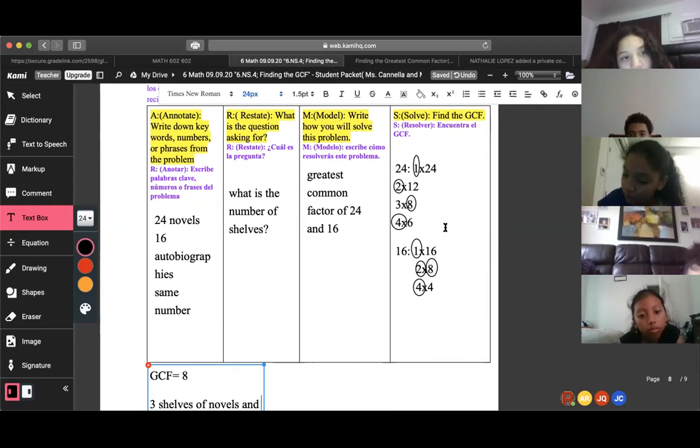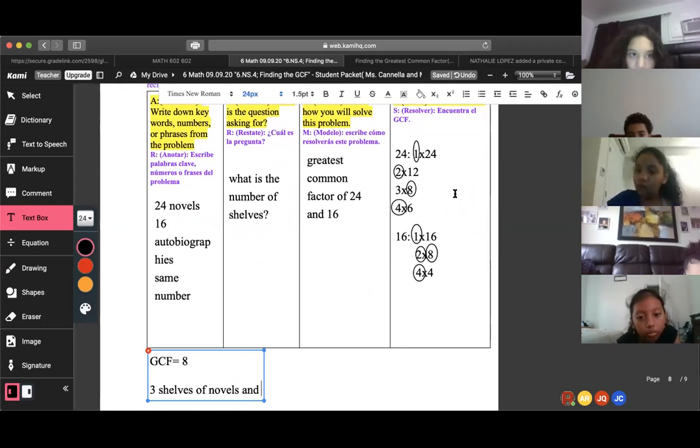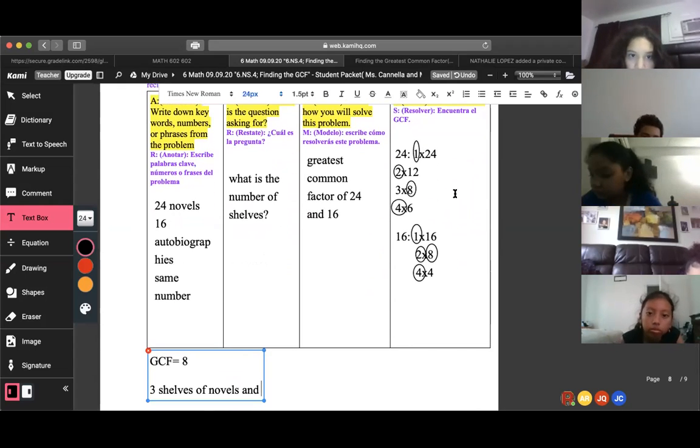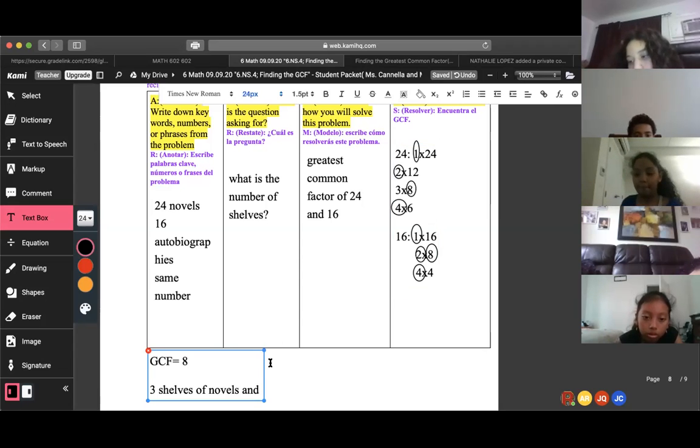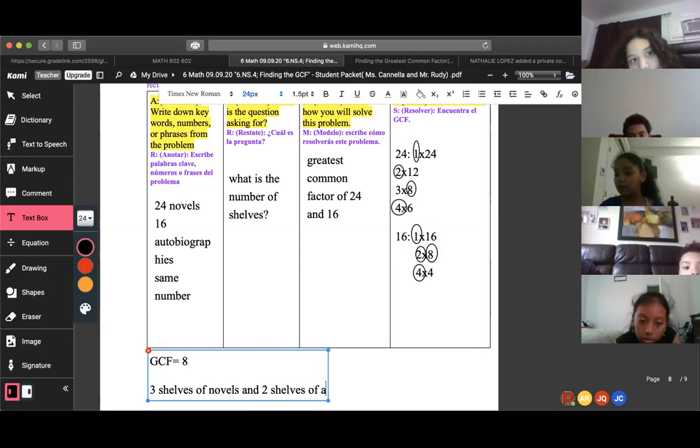And how many, Isabella, of autobiographies? If we already have 8, 8 times what is 16? 2. There you go. We need 2 shelves of autobiographies.